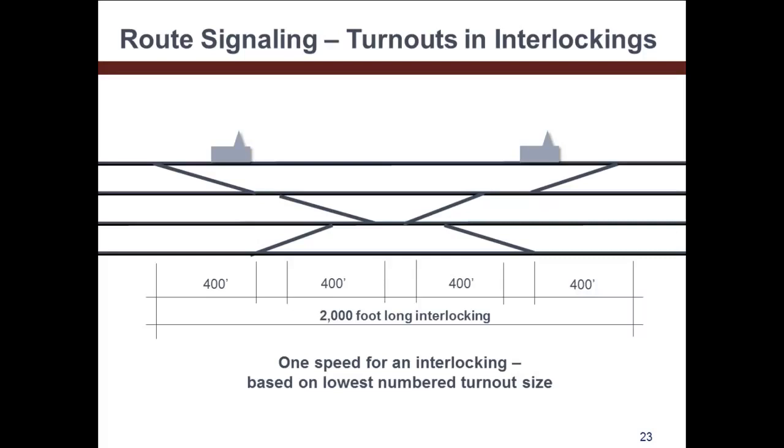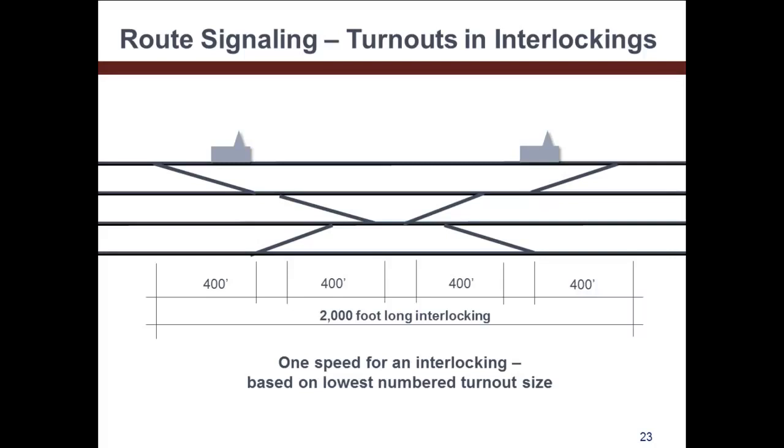That's essentially correct. And so in route signaling, it is a waste of money to install turnouts that are longer than the lowest numbered turnouts. There is no speed to be gained unless you expect to come back later and change the smaller turnouts to higher turnouts. The Eastern railroads moved away from route signaling for this reason for over a century.